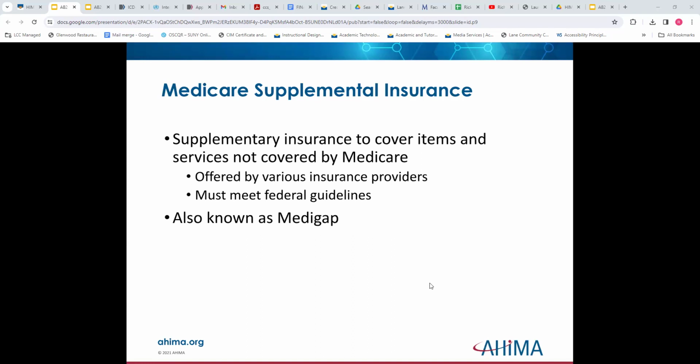There are other different supplemental insurance plans that pick up the slack on some of these things, the co-pays, the deductibles, and what have you. These are called Medigap plans, and they're regulated by the federal government.